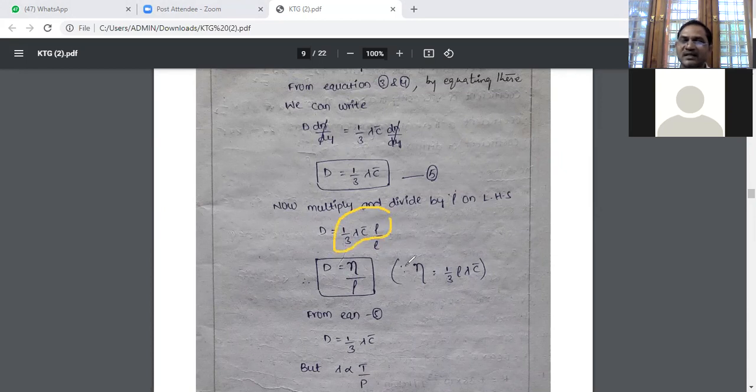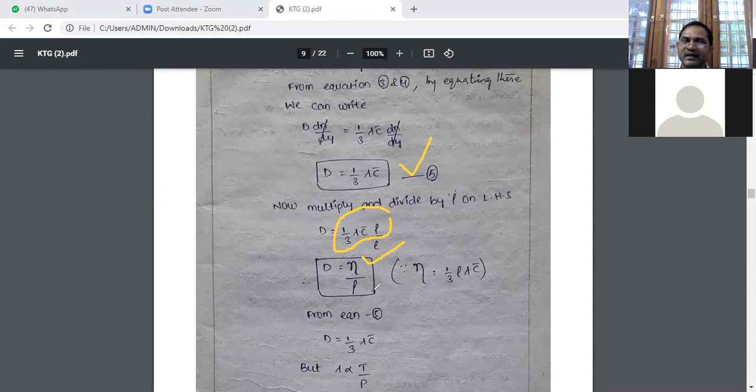Coefficient of viscosity in terms of density is 1/3 lambda C bar rho. So we get capital D equals eta by rho.